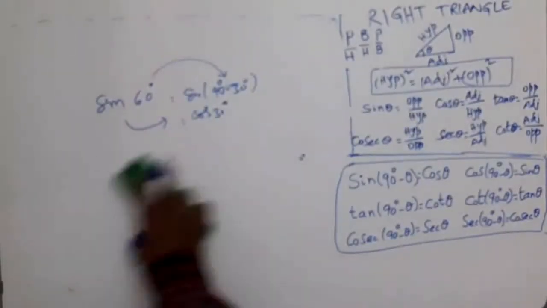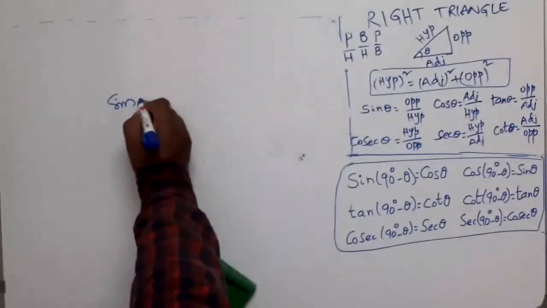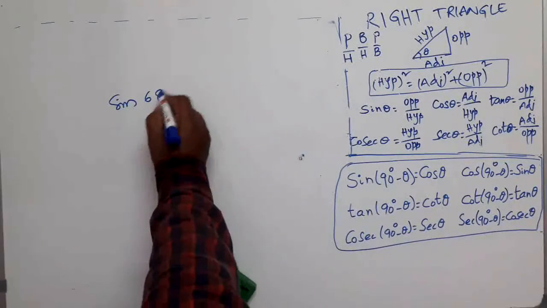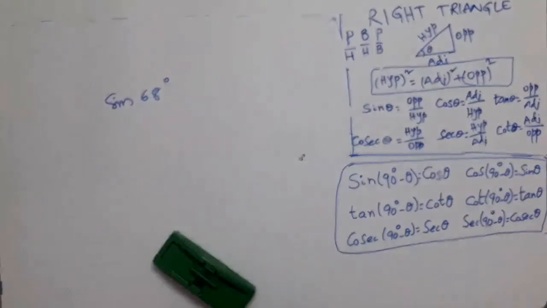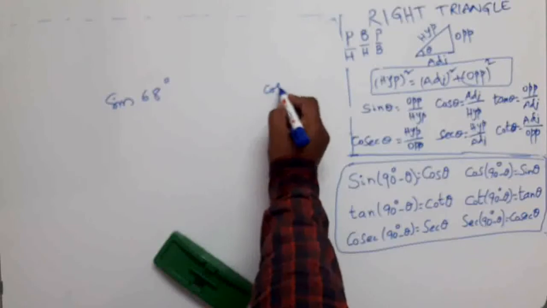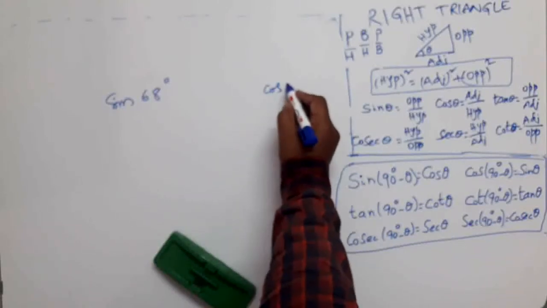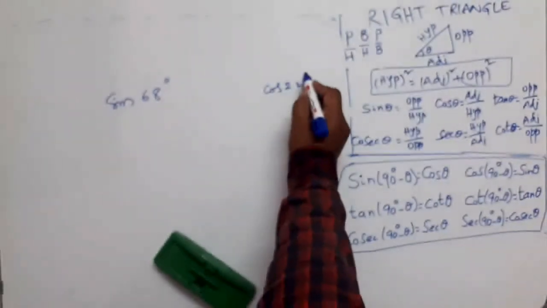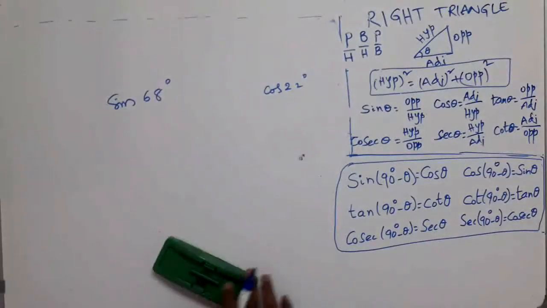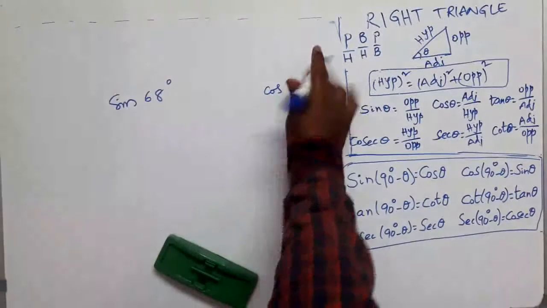Anyway, as the question demands, we will change the expression using these formulas. Let us say I want to find the value of sin 68 degrees. If I know the value of cos 22 degrees, is there any relation between these two?